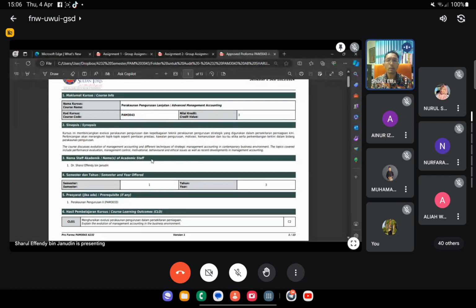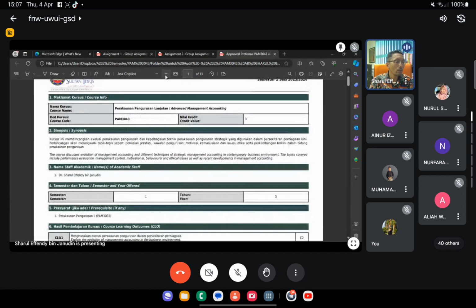So meaning that your knowledge of the content, in terms of calculation, must be in line with the theoretical part, plus you must be able to understand what happened in the market. Then you can propose solutions to the problem by using management accounting tools.